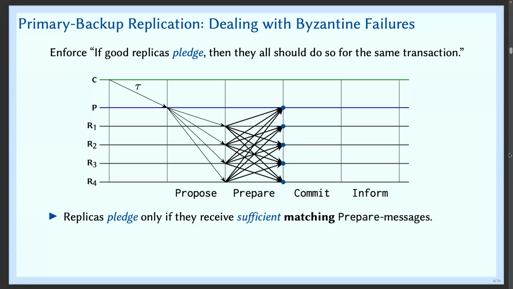Do we consider the replica itself as a message? Every replica sends a message, so you need messages from 2F plus 1 replicas. You can count your own vote too.